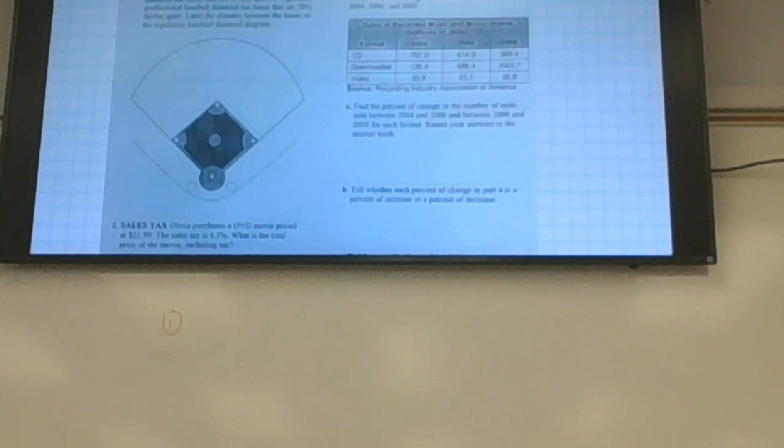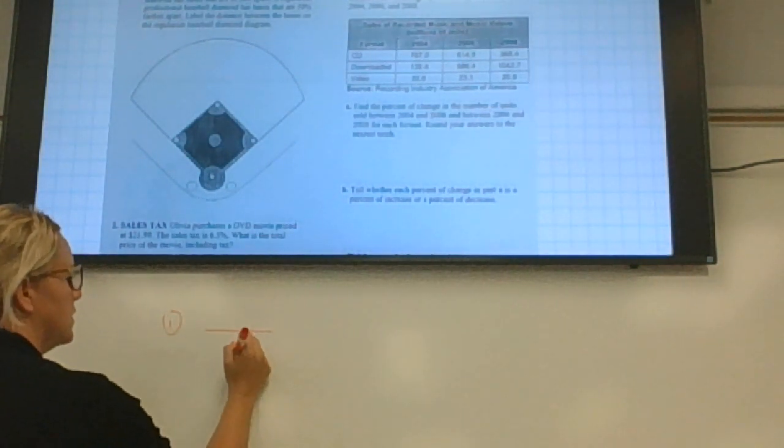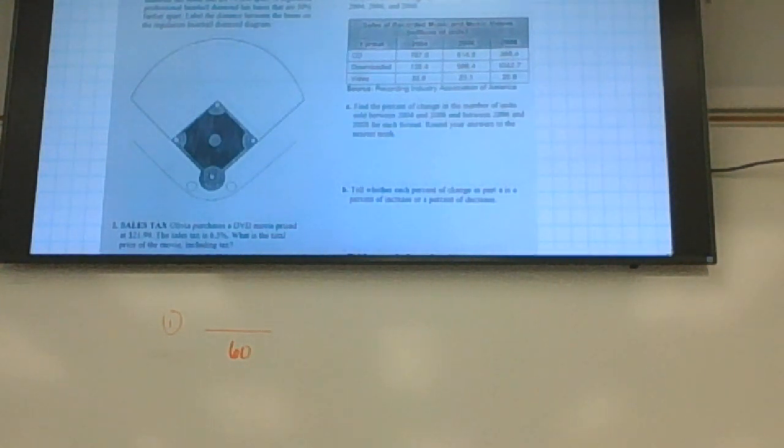What do the directions say? Does it say how to round it? Let's stay with the hundredths.